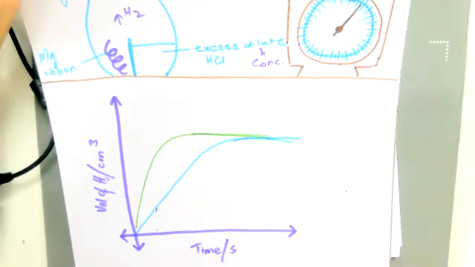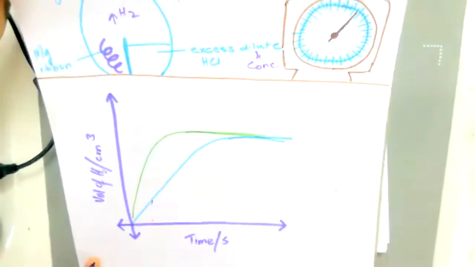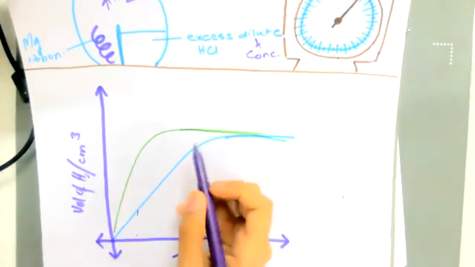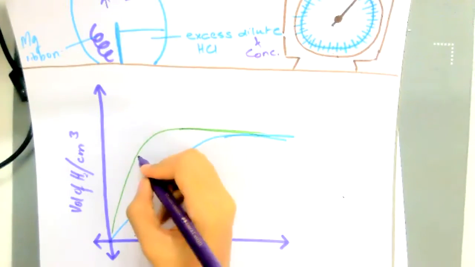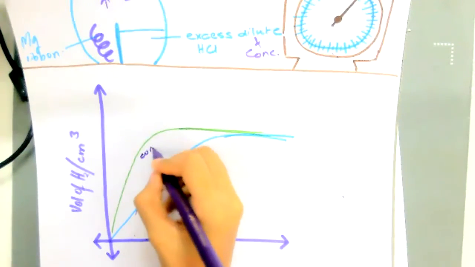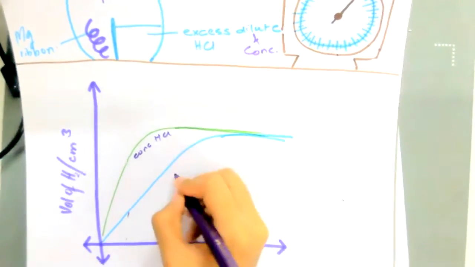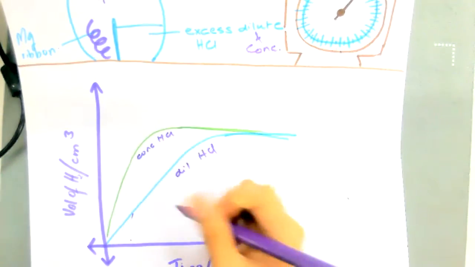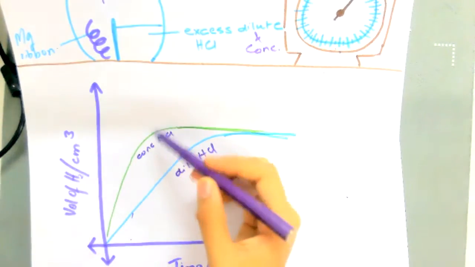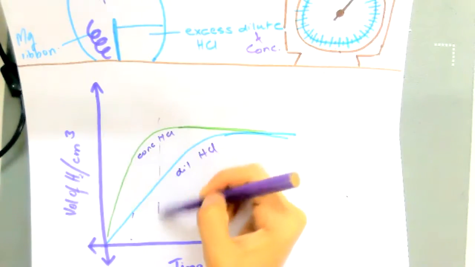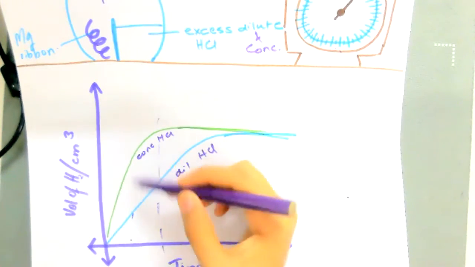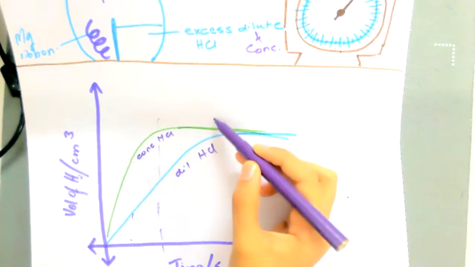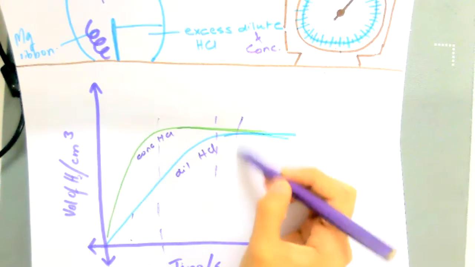So if this is for the concentrated hydrochloric acid, and this is the dilute hydrochloric acid, you can see that the reaction with the concentrated hydrochloric acid ends before the dilute hydrochloric acid.